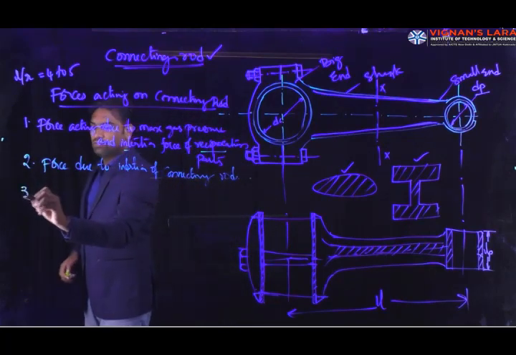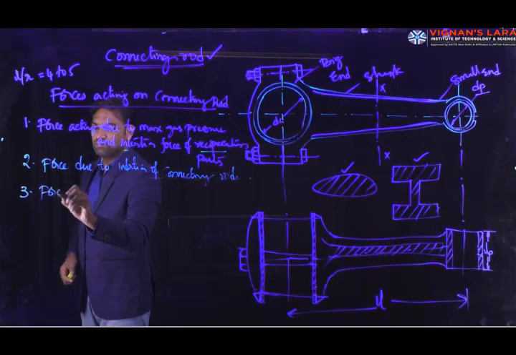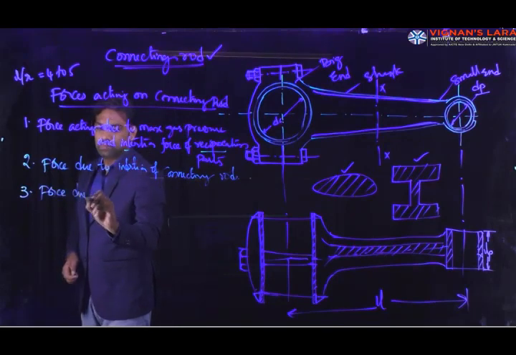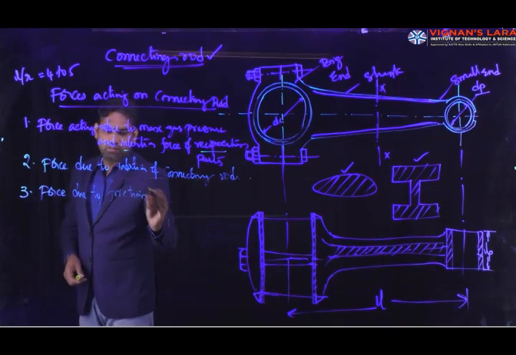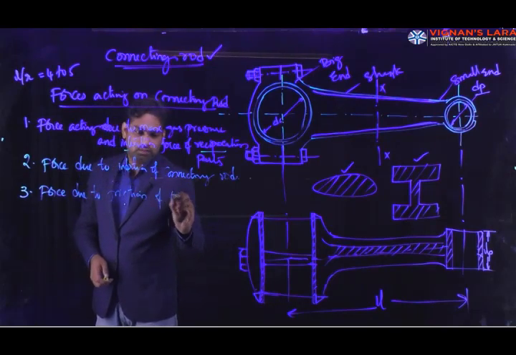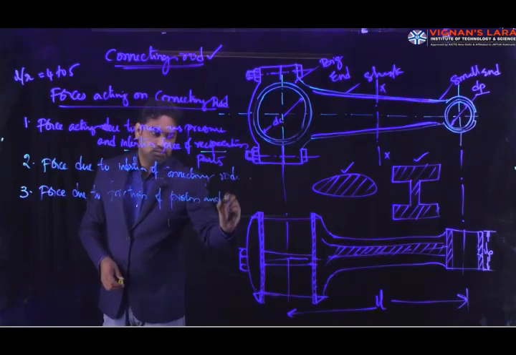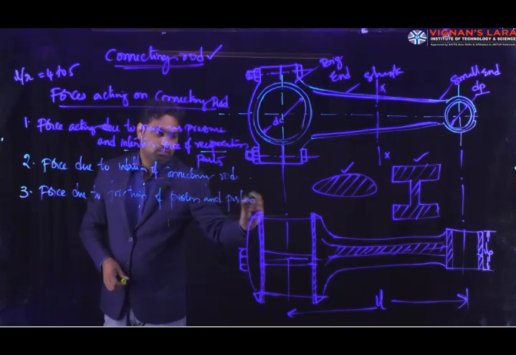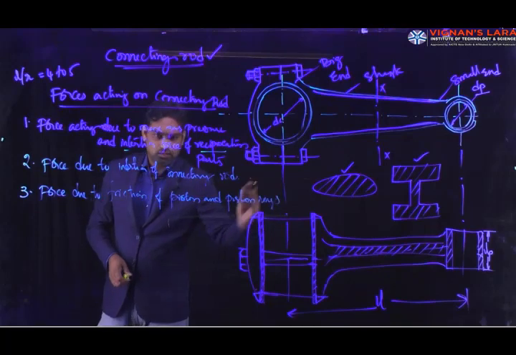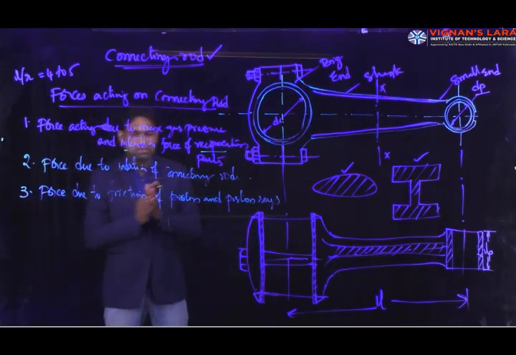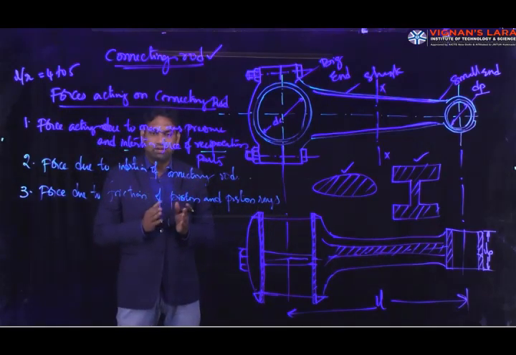And the third force is a force due to friction of the piston and piston rings. Here between the piston and the piston rings, there is a chance of friction.